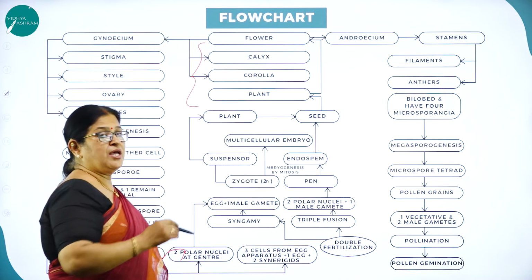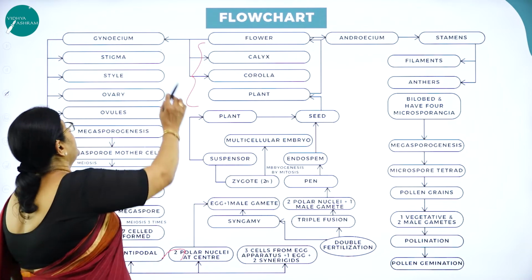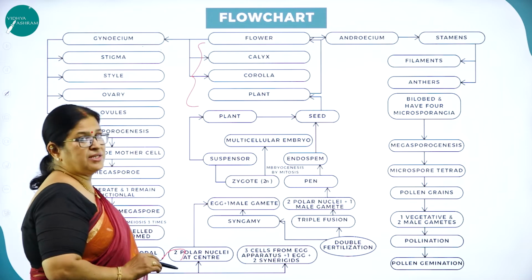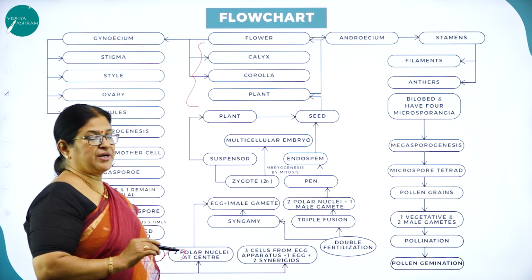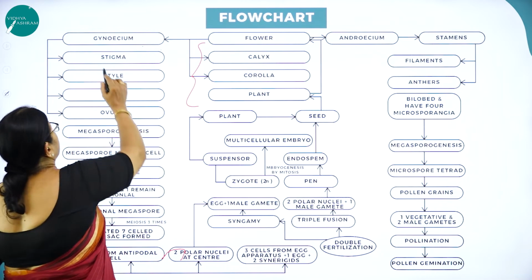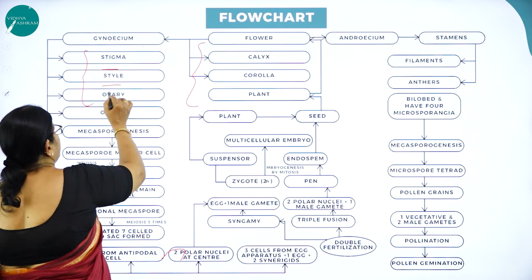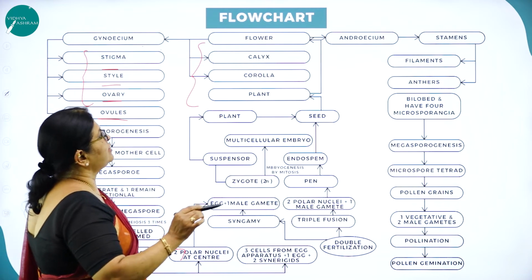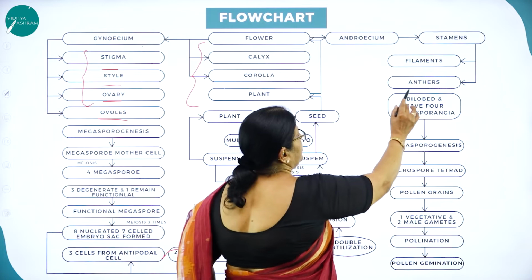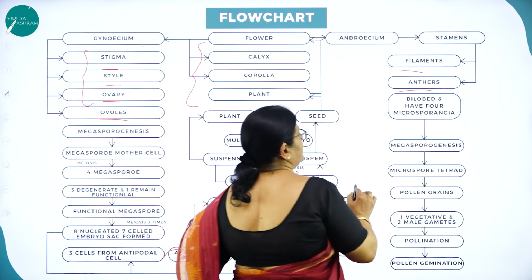Androecium is the male reproductive part of a flower and gynoecium is the female reproductive part. The parts of a gynoecium are stigma, style, ovary and ovules. The parts of an androecium are stamen, filaments and anthers.